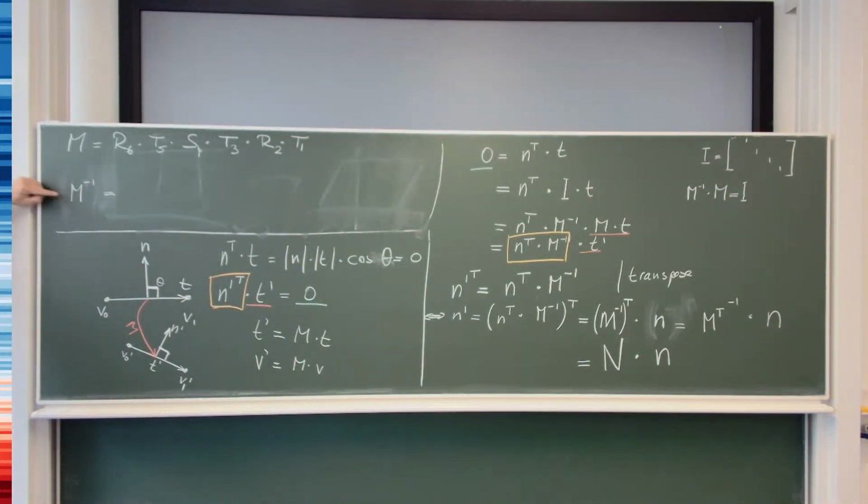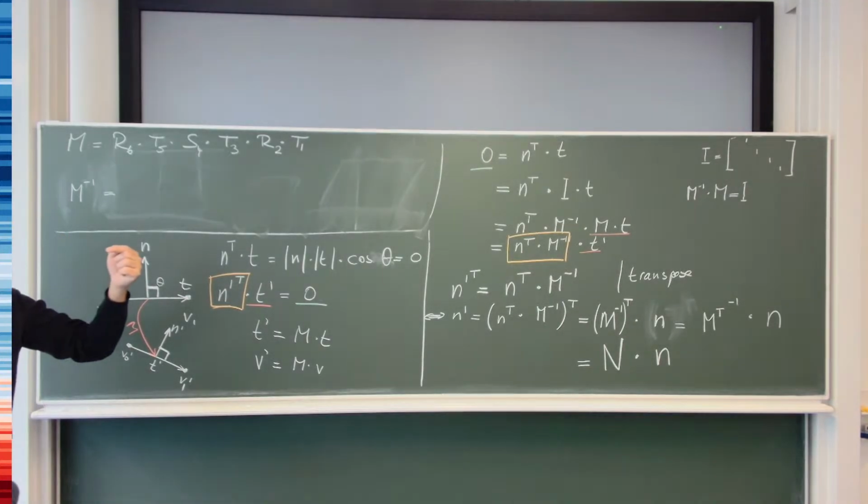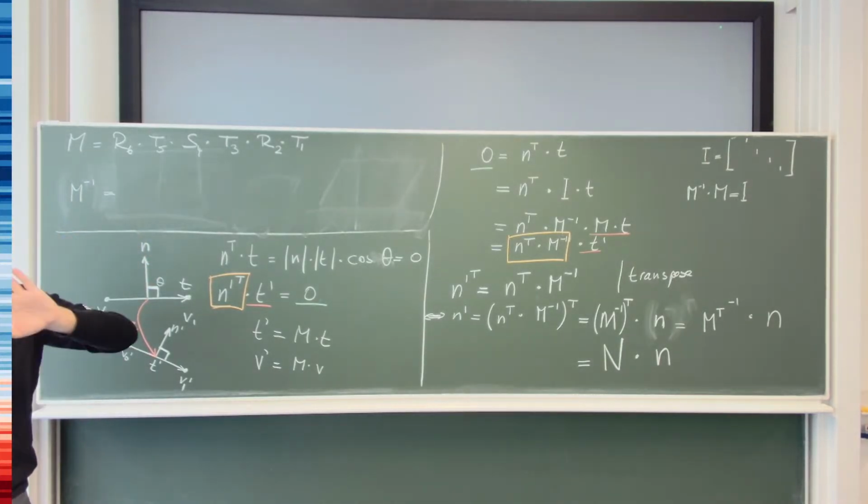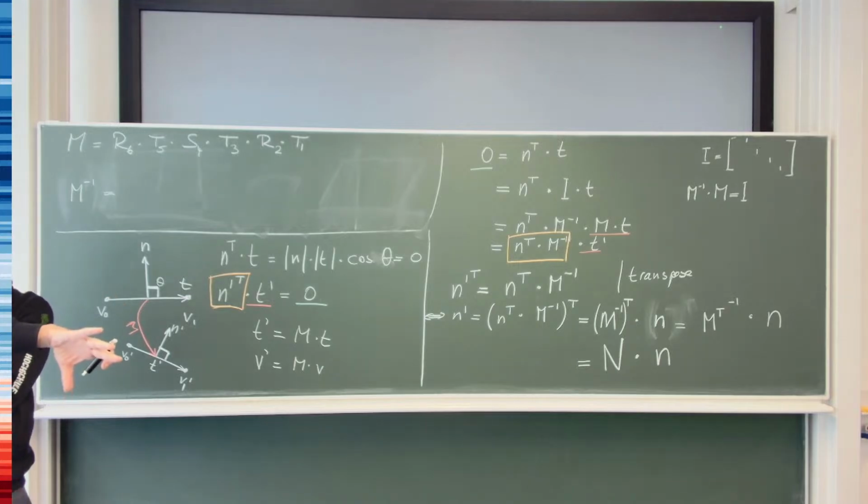I also could have asked, how do you compute the inverse of a matrix product? It's the same as how you compute the transpose. The inverse operation is applied to each individual factor, and the order is reversed.